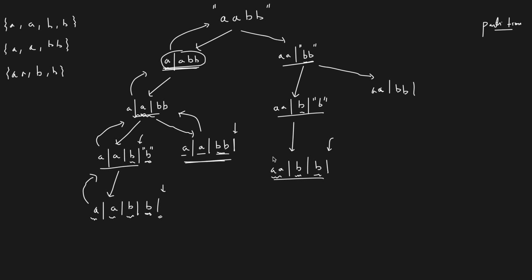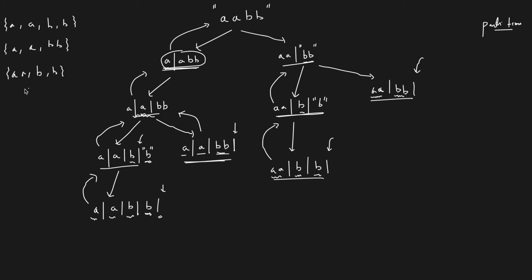So once this is over, you can try to get back. Now this cannot have any further partition, so this recursion is also over. So we get back. Now it's time to execute the right recursion. When you execute the right recursion, you see that the last partition was done right at the end. So whenever you do the partition right at the end, that means you're able to generate a partition where every substring was a palindrome.